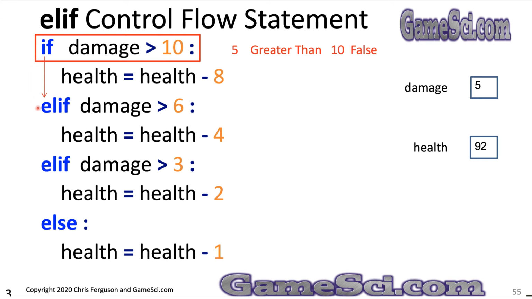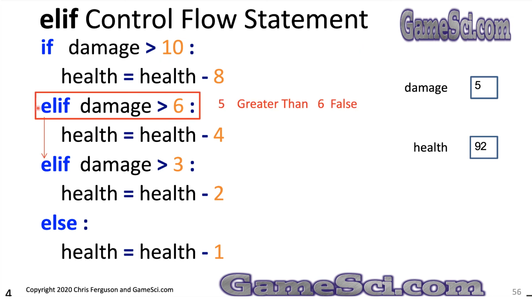It will jump to the else, but this time it's a special version of the else. It's the else if statement, E-L-I-F. And the else if statement will evaluate another true-false condition. Now we're looking at damage greater than 6, which implies 5 greater than 6, and that is still a false statement.